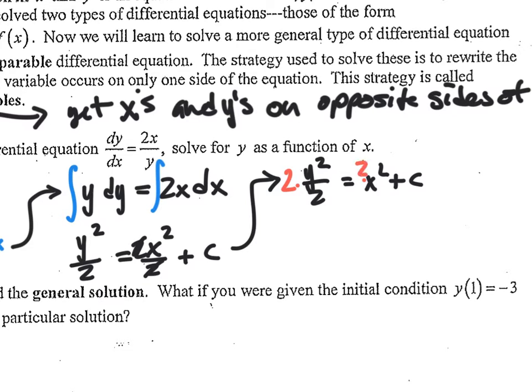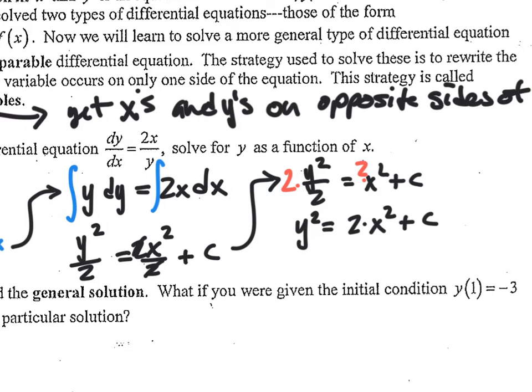This is where it gets a little tricky: I'm just going to get y squared is equal to 2 times x squared plus c. Now, what you'll notice here is that I multiplied just the x squared by 2. I didn't multiply the c by 2 because I don't need to, okay? c is an arbitrary constant. If I multiply it by 2, it has no difference than me not multiplying it by 2. This is kind of weird, but this is just how it goes.